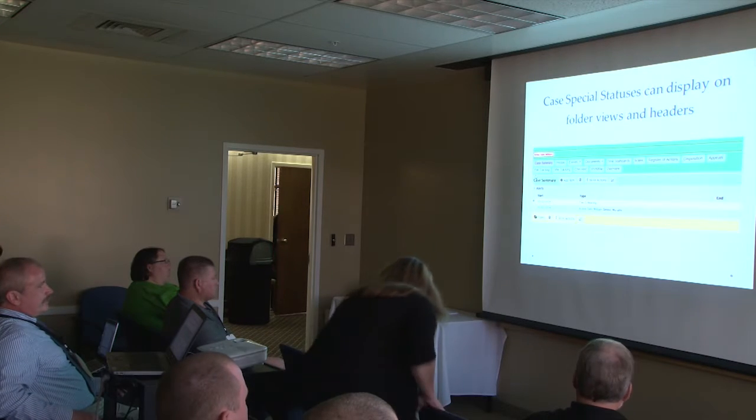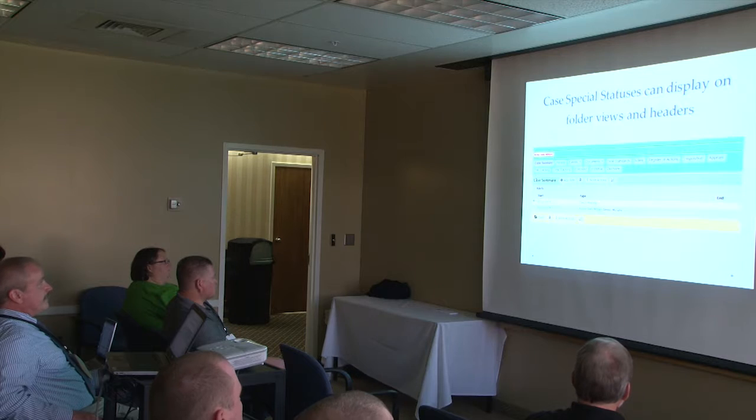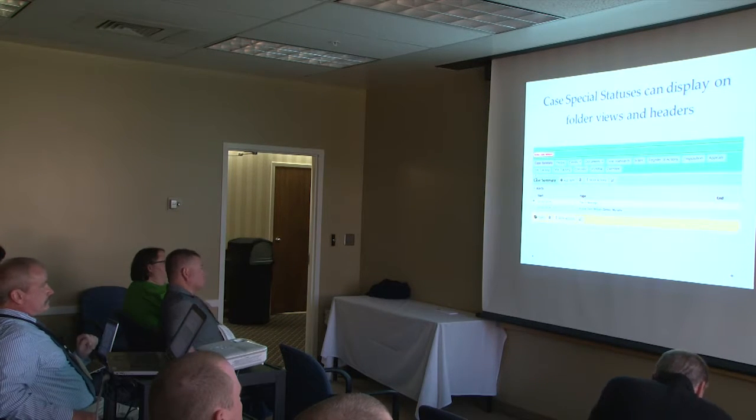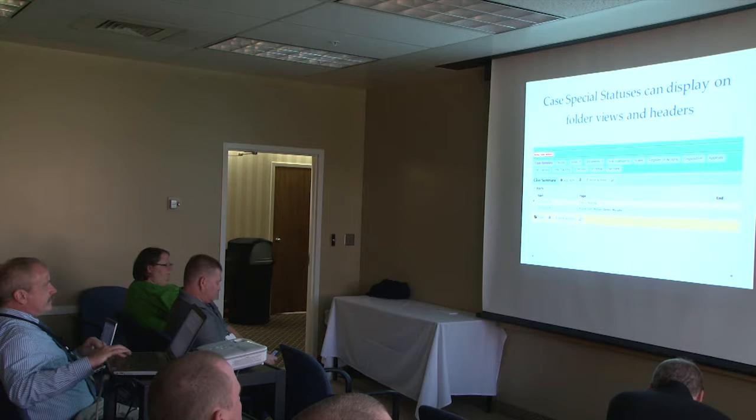So I mentioned case special statuses. Even going back to our DOS days, I've always found case special status to be a very useful entity because of the fact that it's so versatile. I was talking about utilizing case special status to track the track that it's on.